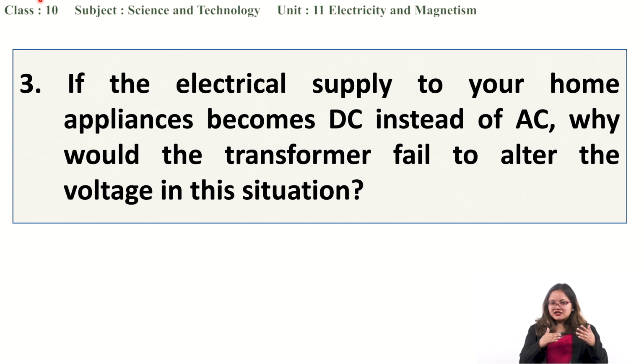So what happens? If there is no change in magnetic flux of the secondary coil, no EMF will be induced, because according to electromagnetic induction, electromotive force is generated when there is constant variation of magnetic flux entering the conductor.